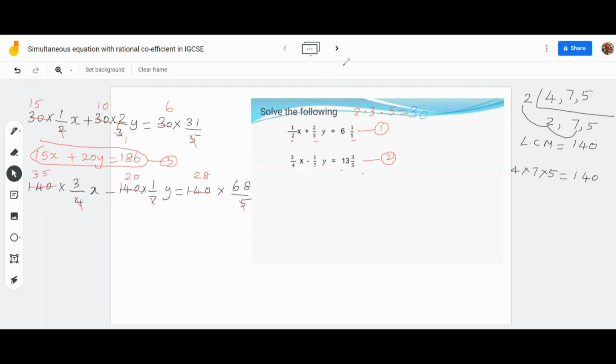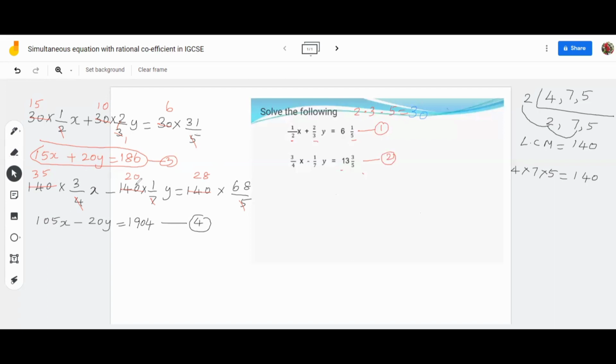Then what's left on the top? You can multiply 35 times 3, 105x minus 20y equals, if you multiply 28 with 68, 1904. This is my new equation 4.